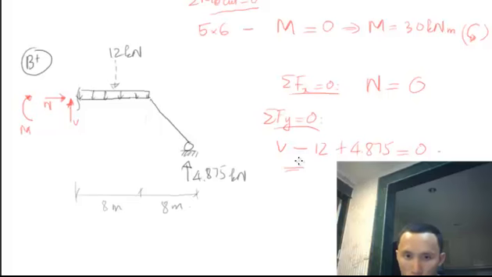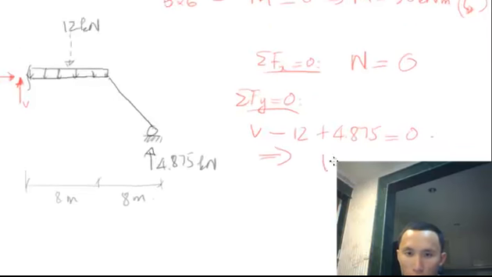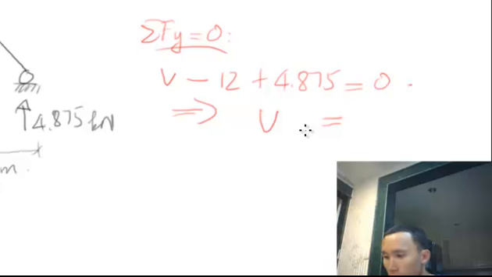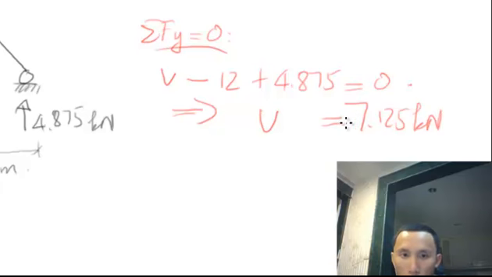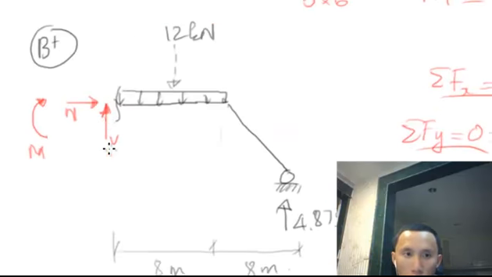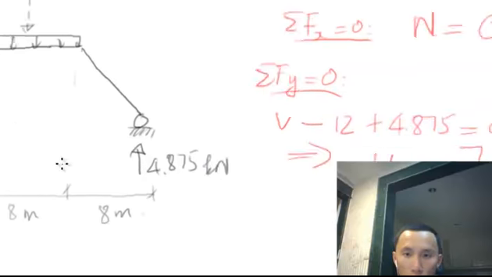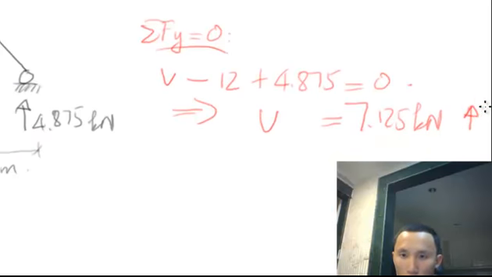So we rearrange, and I already calculated here, V equal to 7.125 kilonewton, and this is positive, same as our assumption, which is upward.